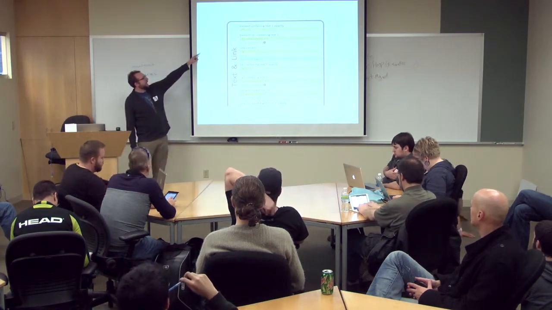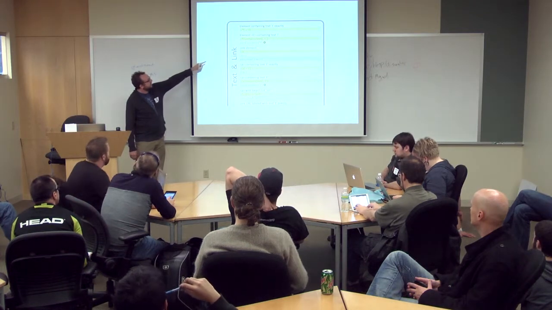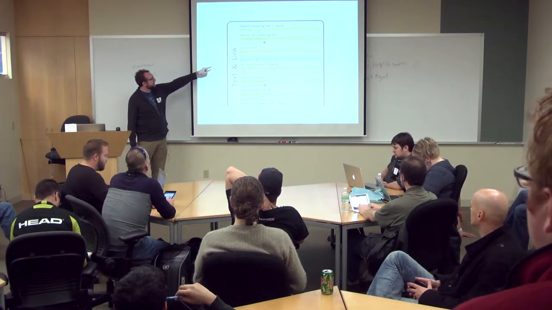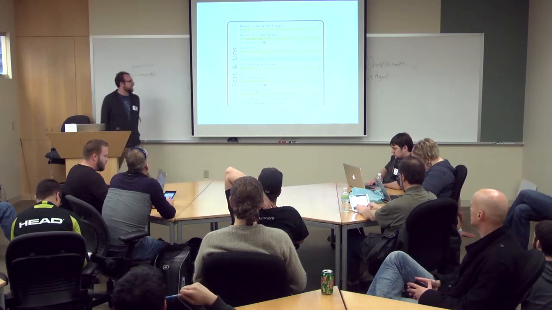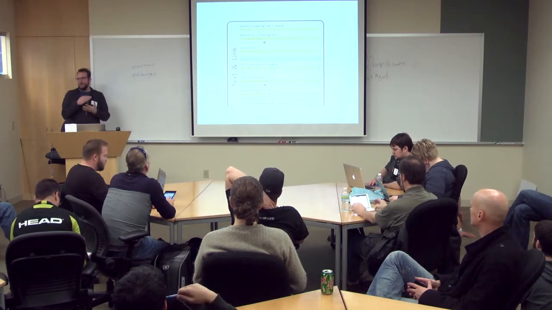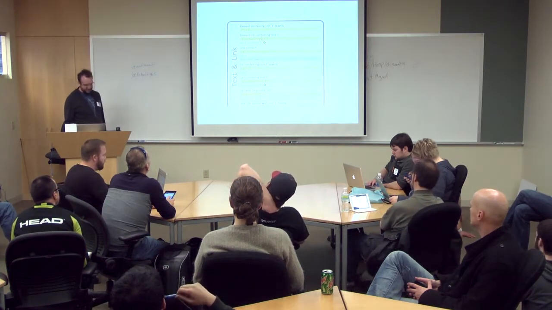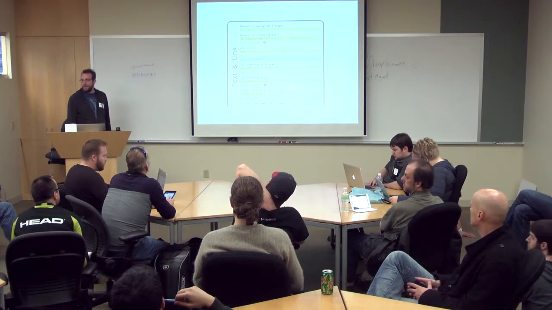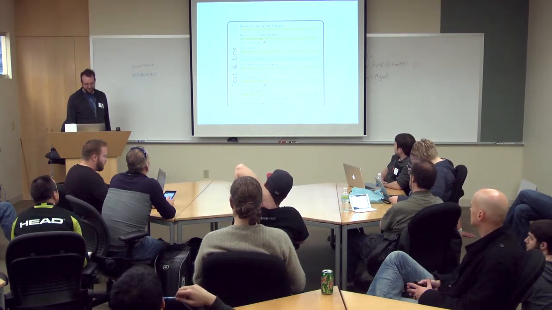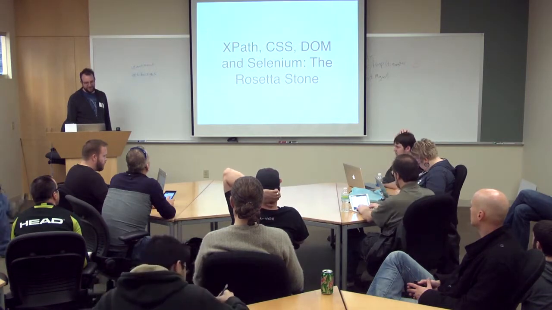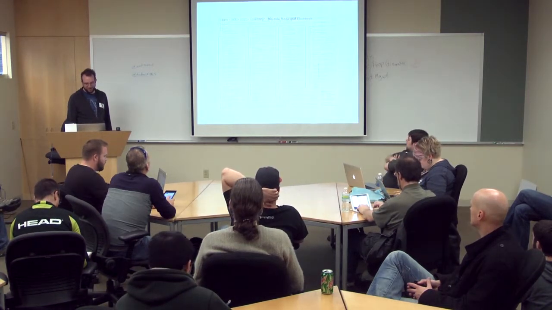The brown is XPath, the less brown is CSS rules, and then that's DOM. And basically, these are how you find the chunk of HTML you want to do something with. I think I have links to this at the end. It's called the XPath CSS DOM in Selenium, the Rosetta Stone.